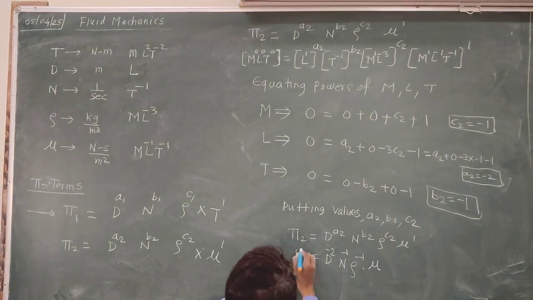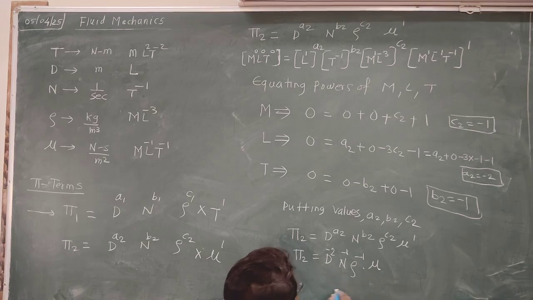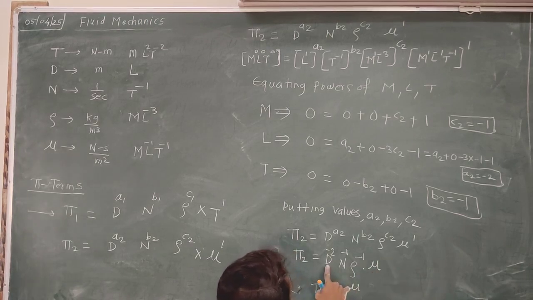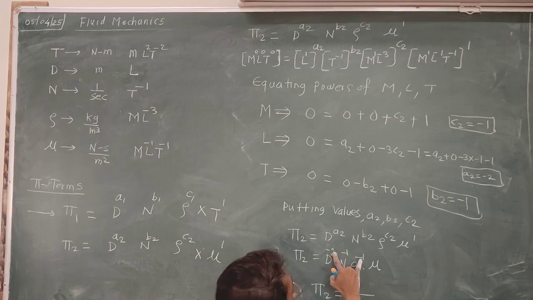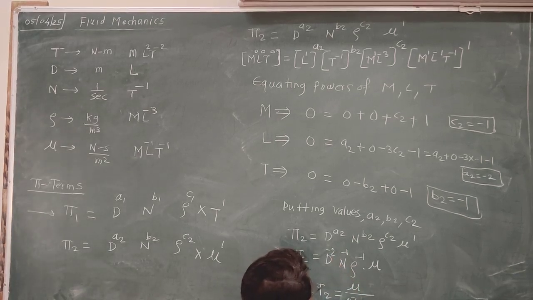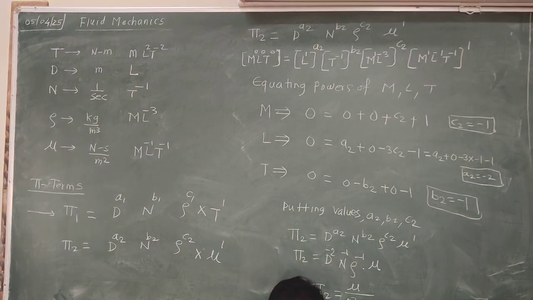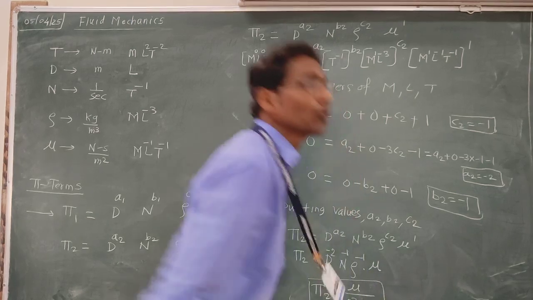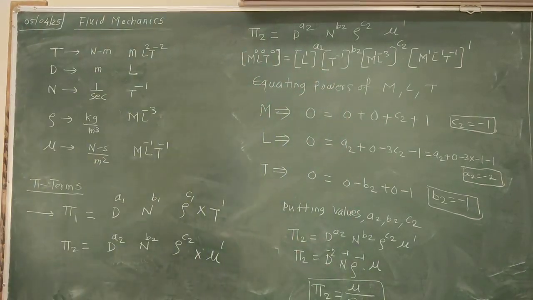So here the pi 2 term will be mu, and these three terms we will write in the denominator so that their exponents become positive. So here d square and rho. So we got this pi 2 term. Pi 2 term is mu upon d square and rho.